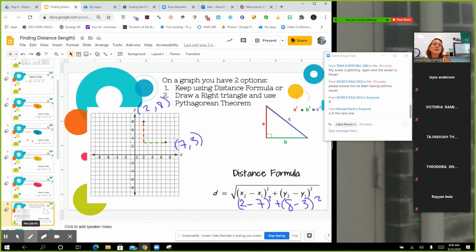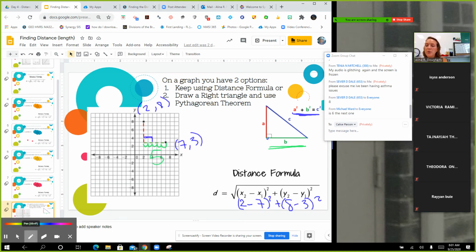Sometimes, though, it's easier to do Pythagorean theorem. So if you make a horizontal line across for my B, this B right here is a horizontal piece. So I go 1, 2, 3, 4, 5. We have to make sure we have a right angle here. So this bottom piece, the horizontal part, is 5.